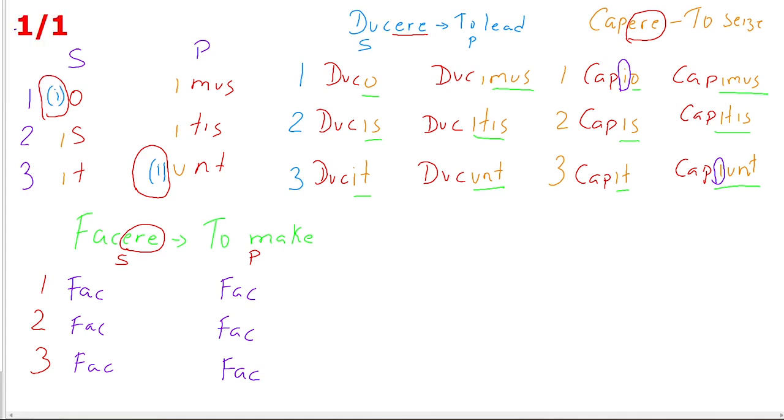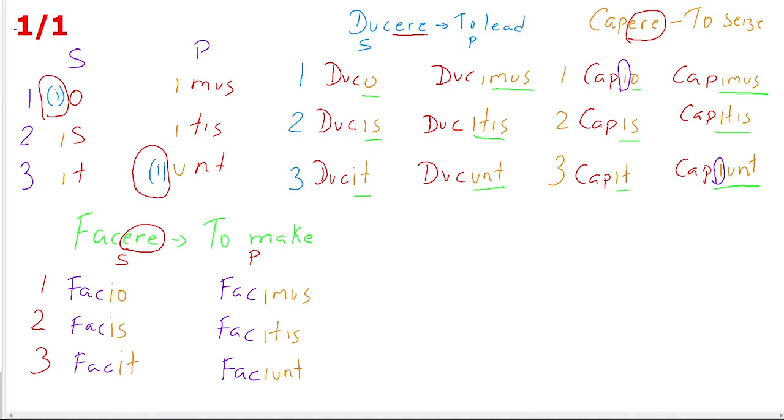So for the first person singular, if I want to say I make, I will add IO, facio, you make would be facis, he, she, it makes facit, we make would be facimus, you all make facitis, and they make would be faciunt. So in this way we see that by substituting the endings, we can in a way find out the third IO conjugation.